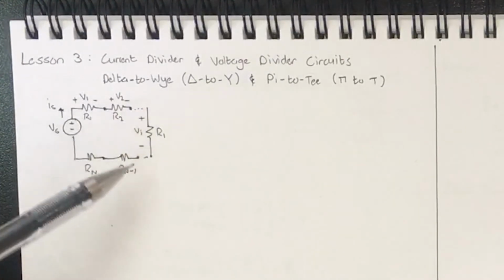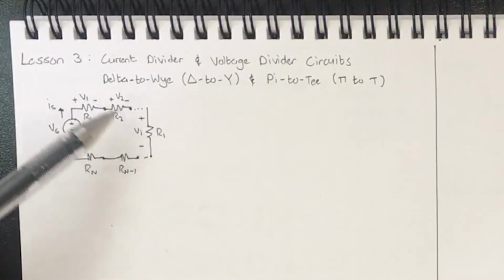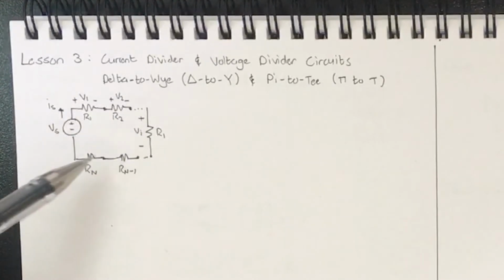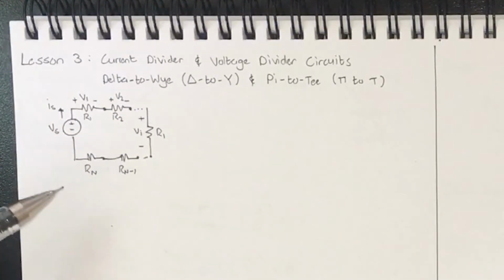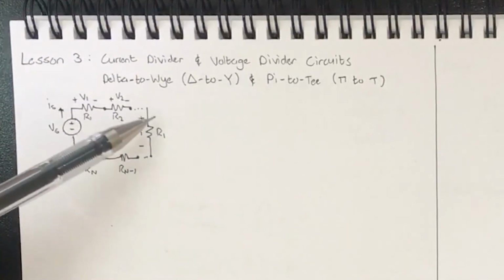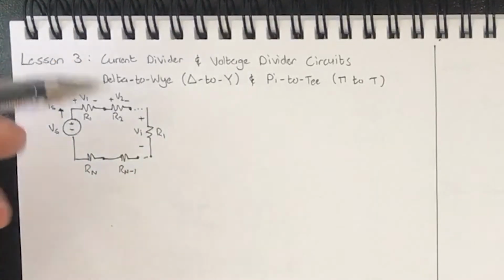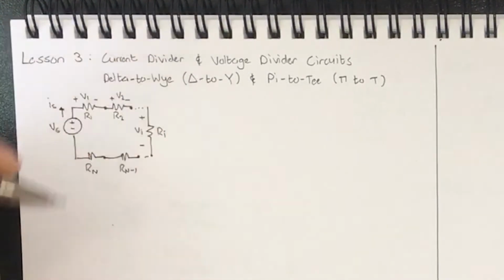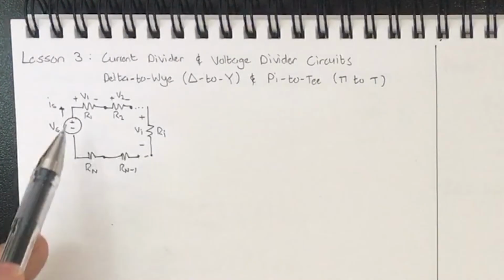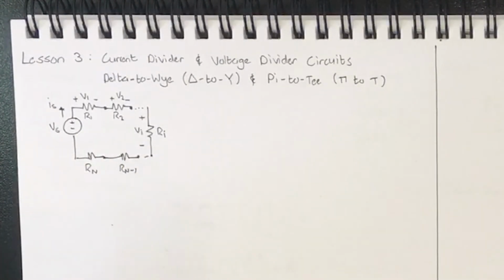You'll see that the circuit breaks here, such that we do not know the total number of resistors in this series combination. And effectively what we want to know is, what is the voltage drop over this resistor, Ri, given that the rest are in series.